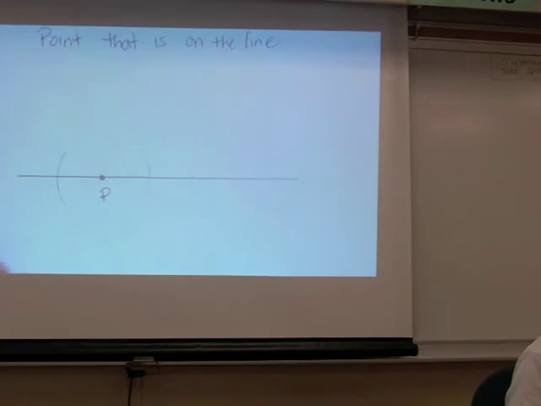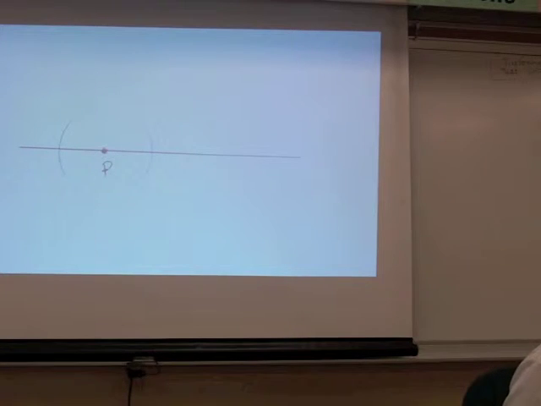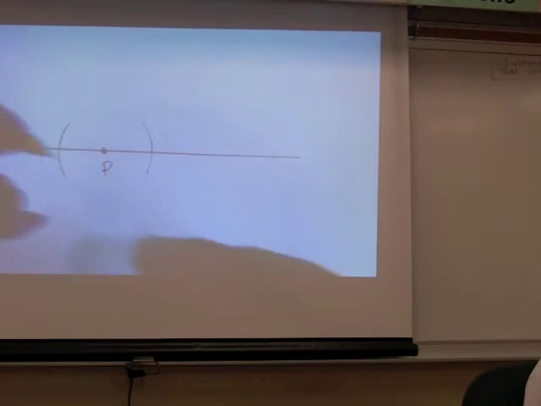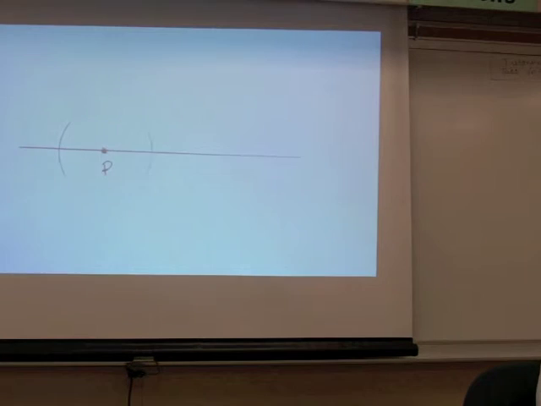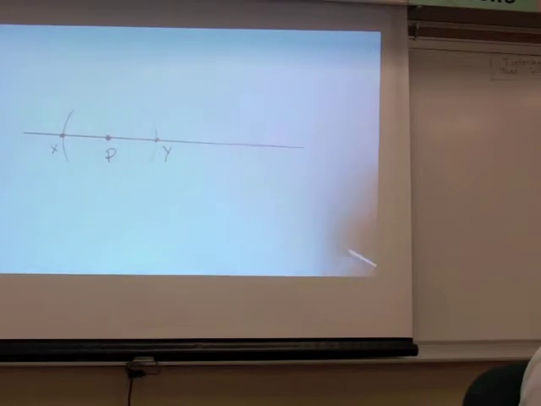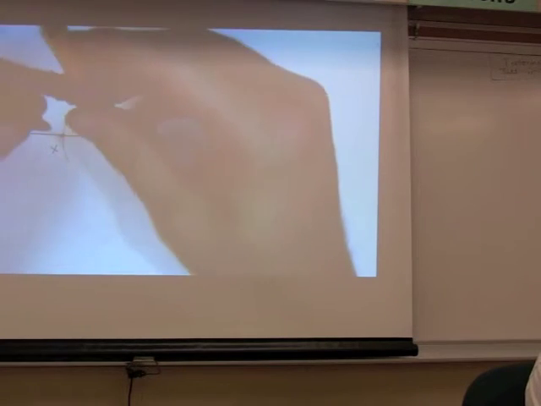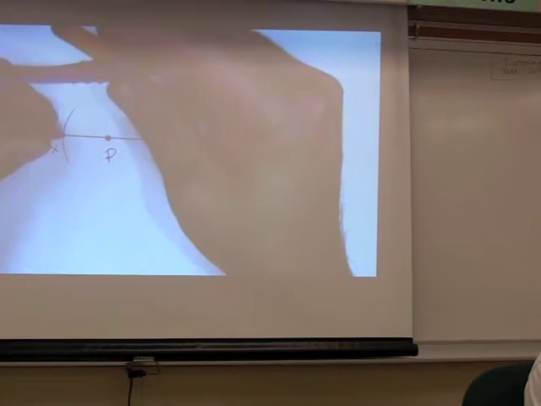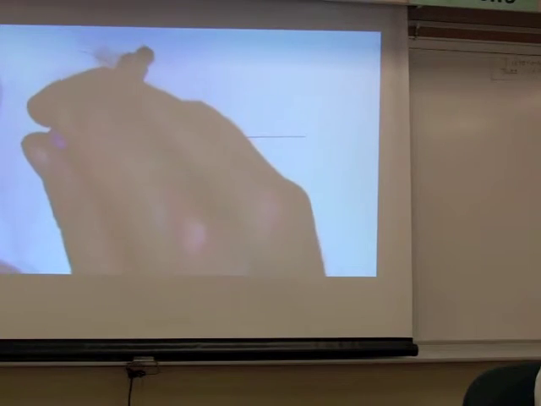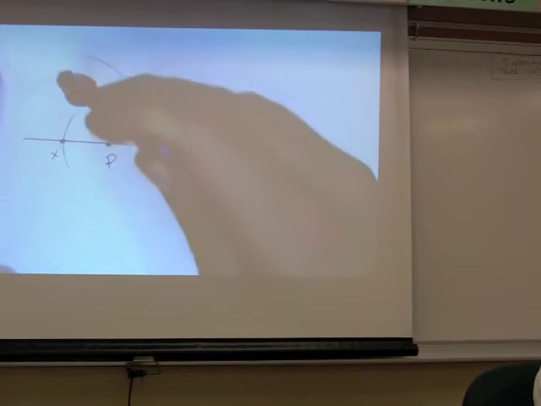Make sure you don't change the setting. And after that, we're going to label those points right there. We'll label this X and Y. And what you want to do is draw another arc from X and from Y.